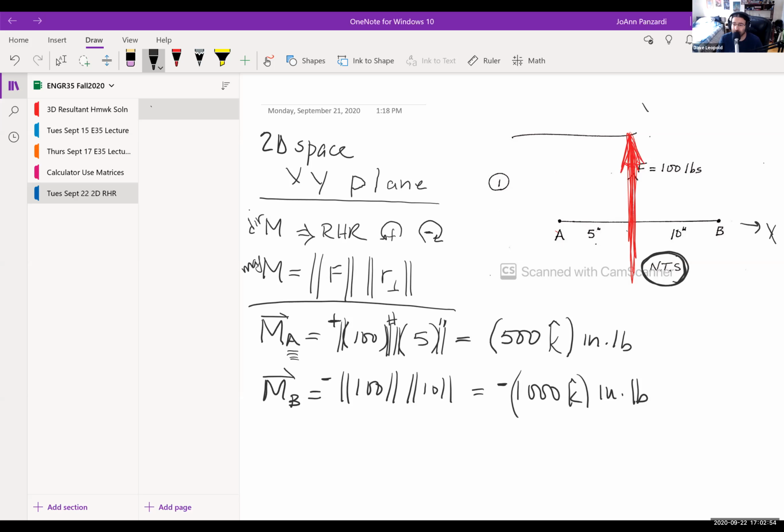Where is the K? Oh, I see it. So the K represents that it's a spin about the z-axis. On the negative in front of that, does it matter if that's inside or outside the brackets?